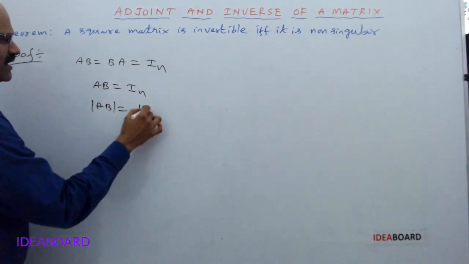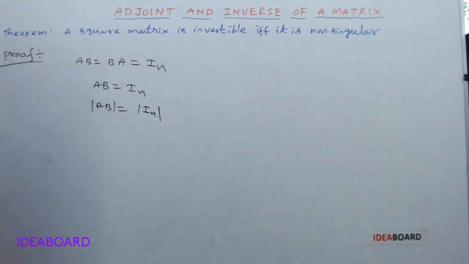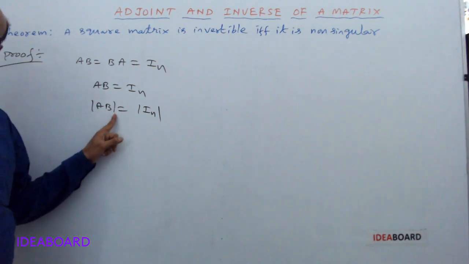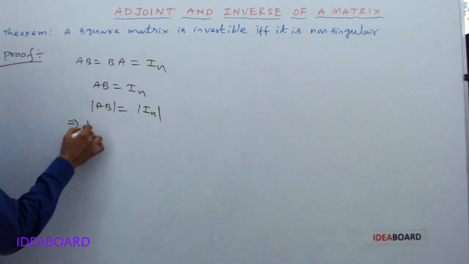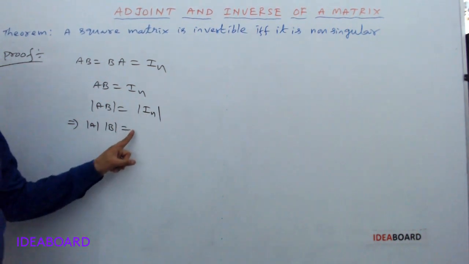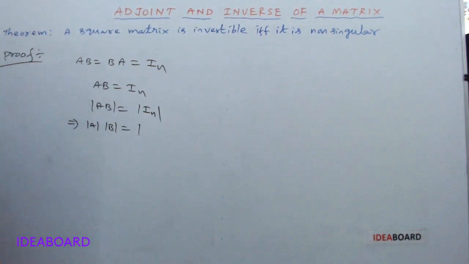Now take AB equal to In. Determinant of AB equal to determinant of In. We have the formula det AB is always equal to det A into det B, equal to the determinant of the identity matrix, which is always 1.